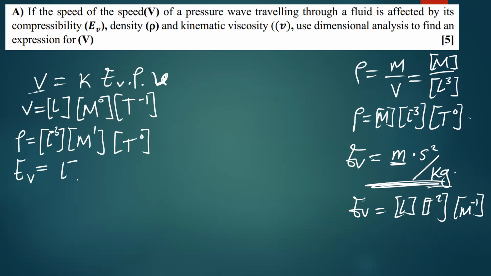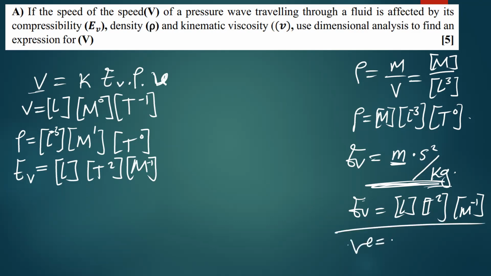So we have L, then we have t to the power 2, then we have M to the power -1. So we have found that, and we also have kinematic viscosity. We know its units are meters squared per second. So this implies the dimensions for kinematic viscosity are going to be what?